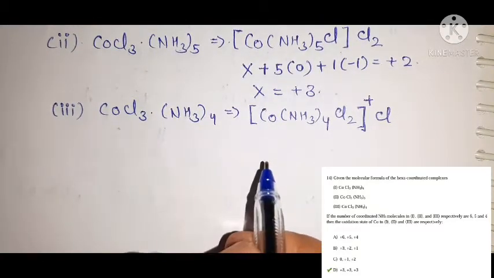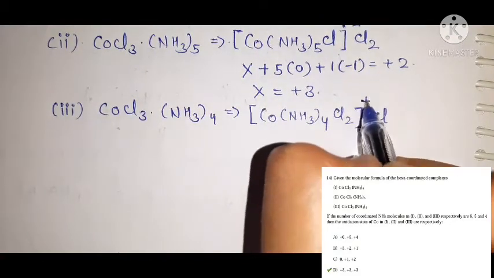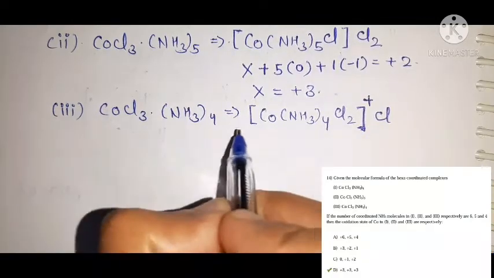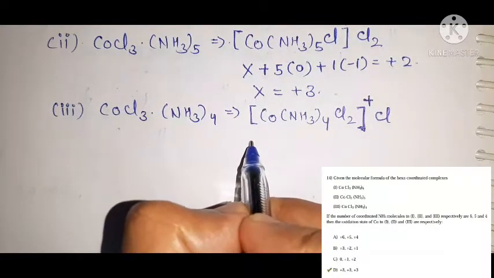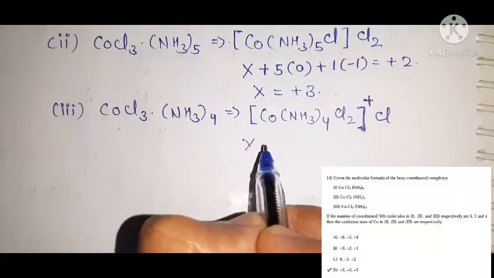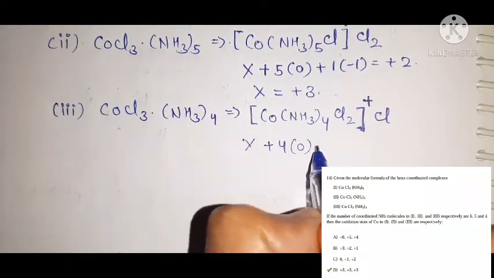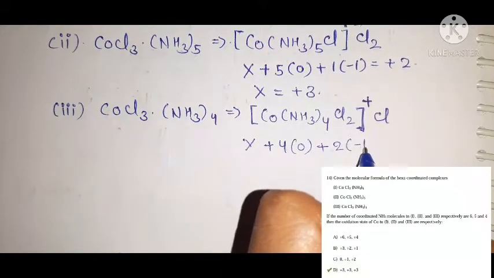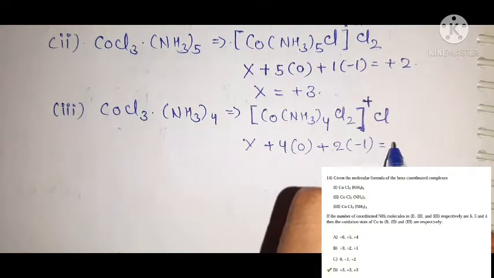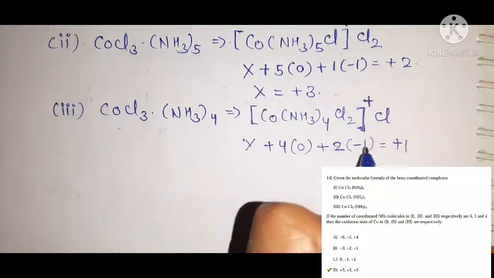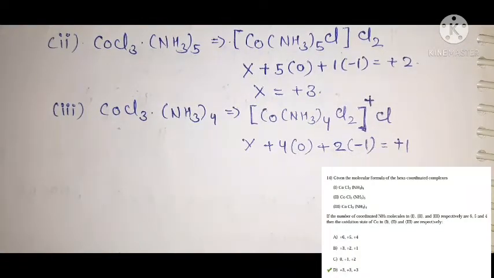But here also it is the primary valency of that complex, not for cobalt. So for cobalt, let's assume its valency is Y, plus 4NH3 whose contribution is 0, then 2 times -1, is equal to +1, because 2 chlorine atoms are attached and each chlorine contributes -1.